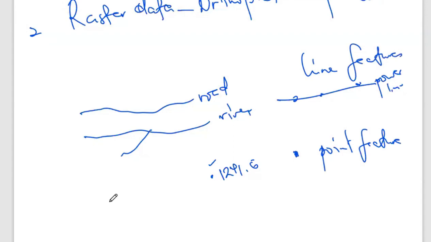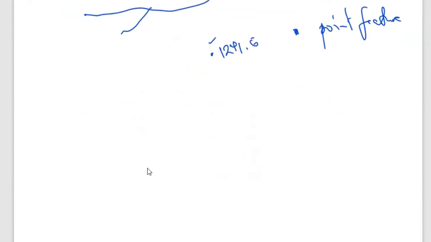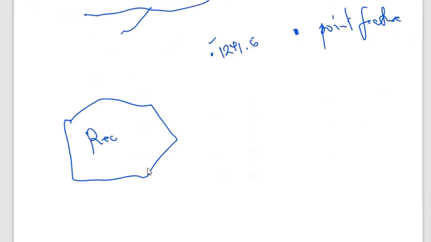Then we go on to polygon features or area features. These ones are big enough to have a perimeter around them which encloses. For example, like this. If this is a recreational ground, it's an area feature. It has completely enclosed boundaries.